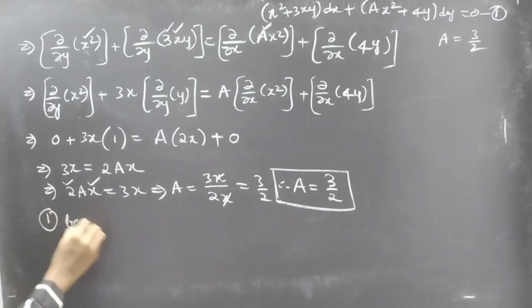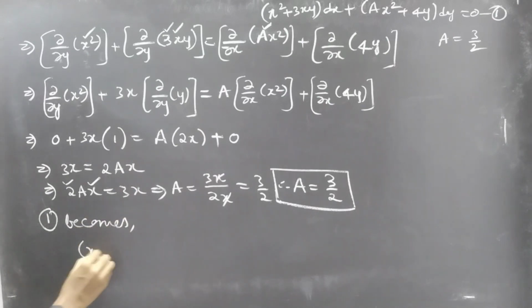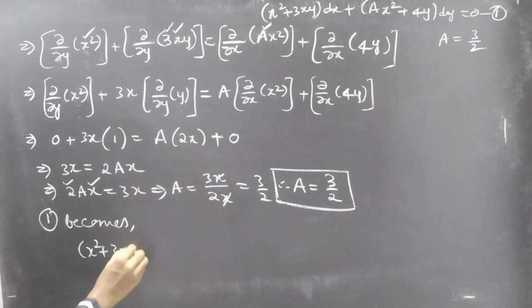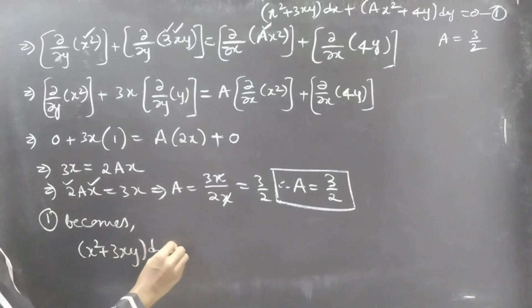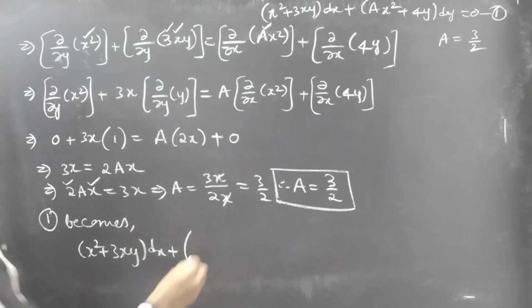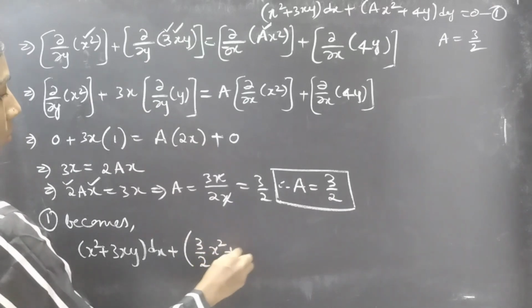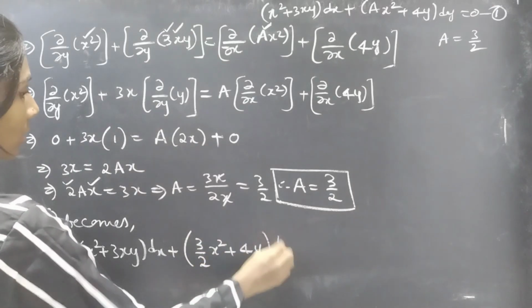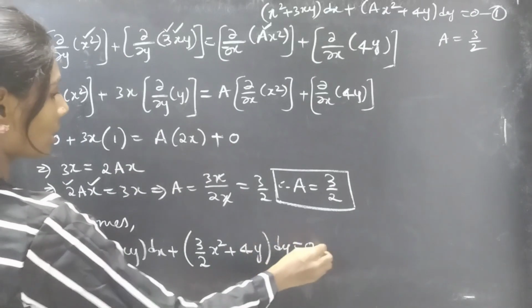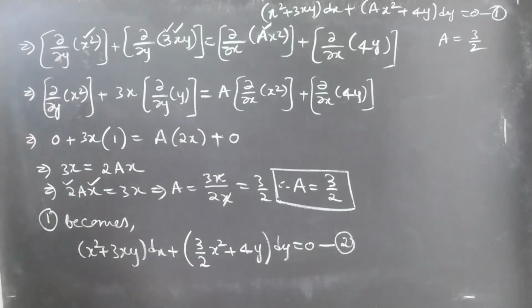Equation 1 becomes (x square plus 3xy) dx plus (a, replace a by 3 by 2, 3 by 2 x square plus 4y) dy equal to 0. Consider it as equation 2. Now let's check whether the resulting equation, that is equation 2, is exact or not.